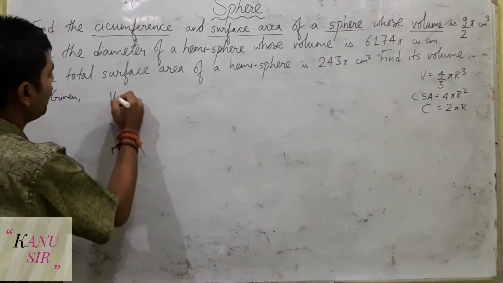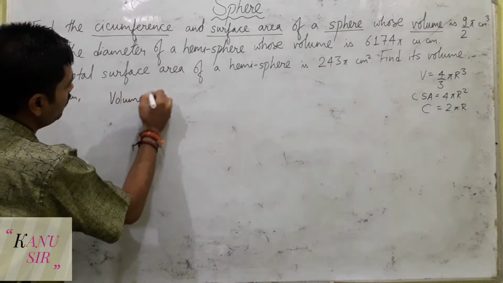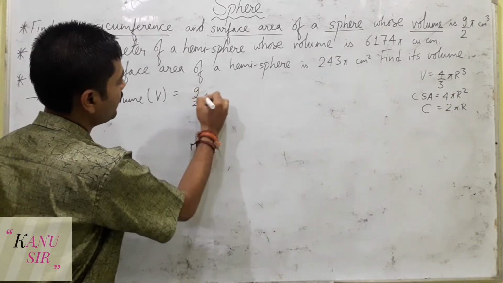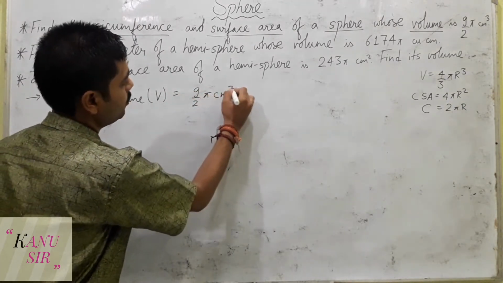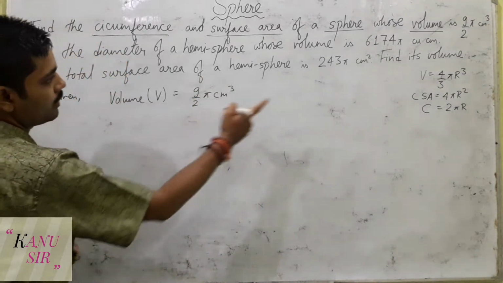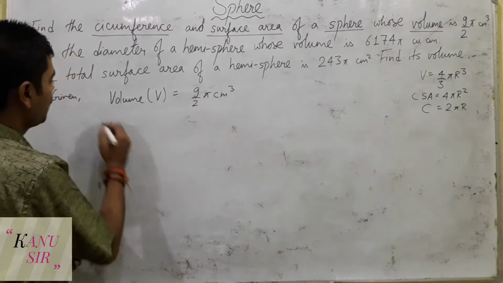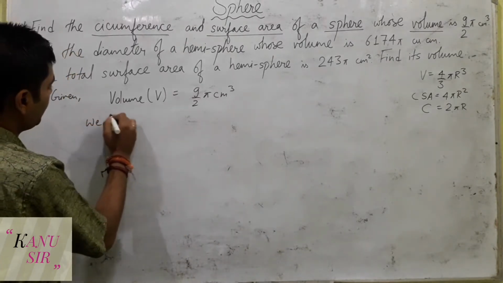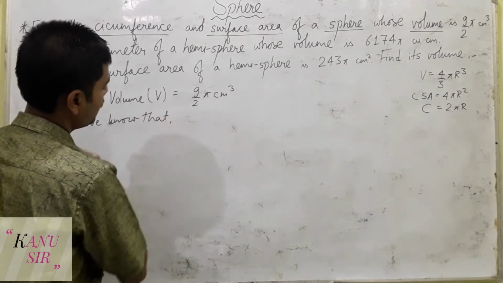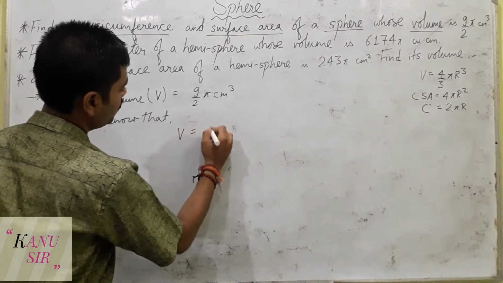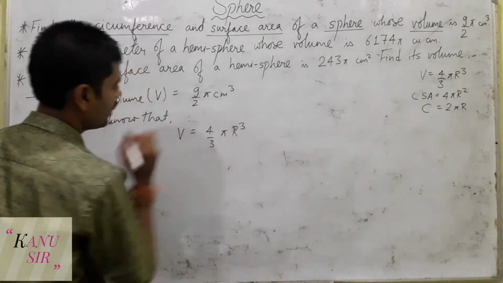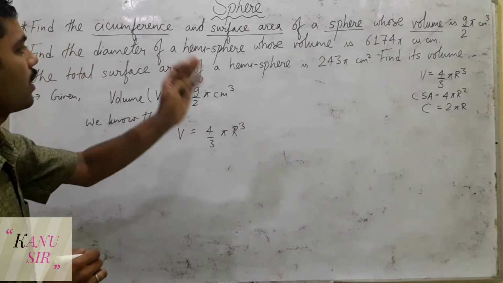So what is given to us in question number 1 is the volume, one and only the volume. So volume V is equal to 9/2 pi centimeter cube. Here we know that volume is equal to 4/3 pi r cube, the formula of the volume of a sphere.